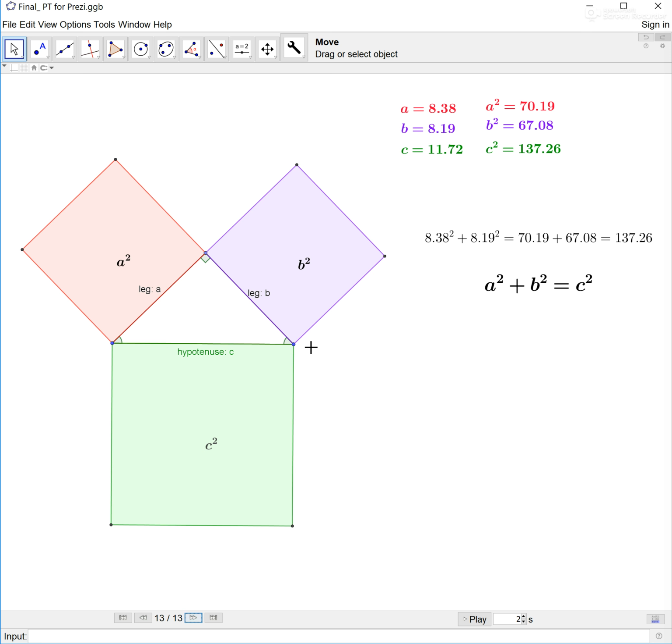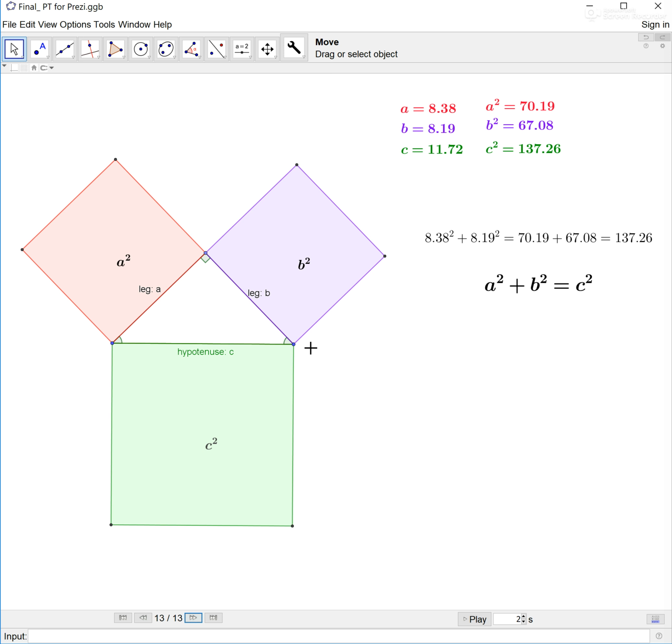And the really nice thing is using this formula, I can find a missing leg if I have both the hypotenuse and another leg. I can find the hypotenuse of our triangle if I have both legs. And so on every right triangle, we can use this formula, but it only works on right triangles.